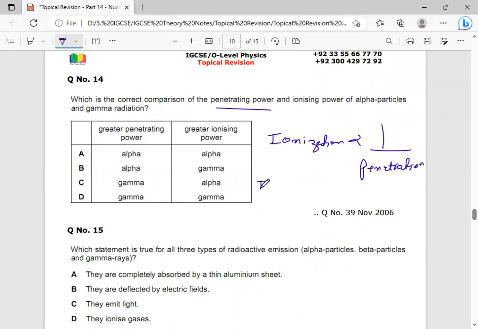So ionization of alpha is greater than beta, ionization of beta is greater than gamma, and now the penetration will be reversed. Penetration of gamma is larger than the penetration of beta, and penetration of beta is larger than the penetration of alpha.